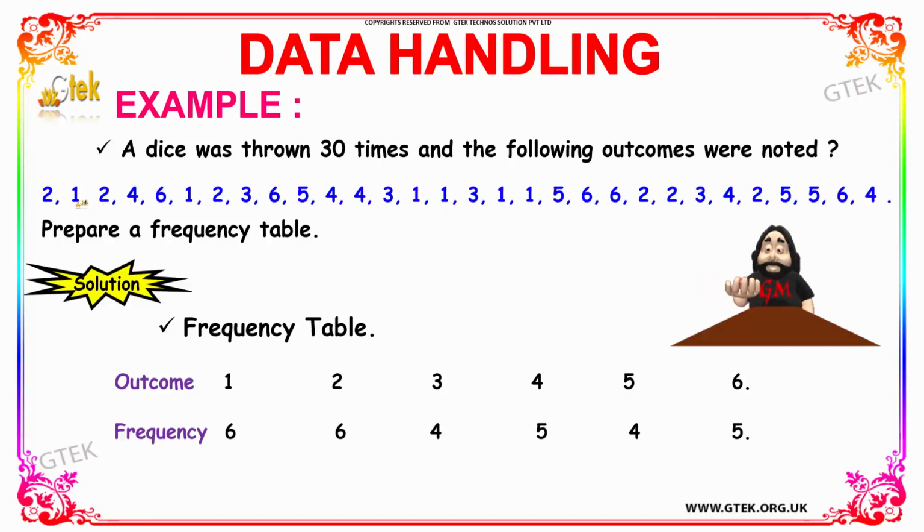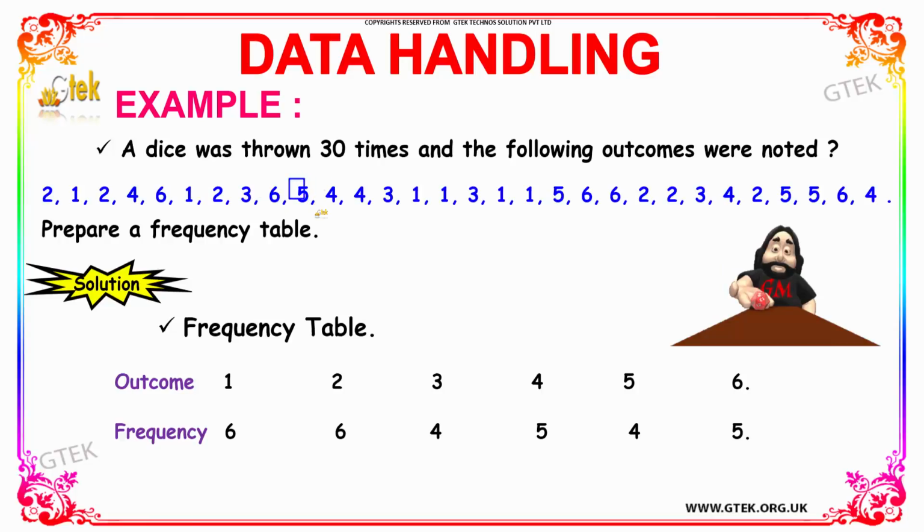Your outcome was 4 five times in your data set: 1, 2, 3, 4 and 5. Your outcome was 5 four times in your data set.